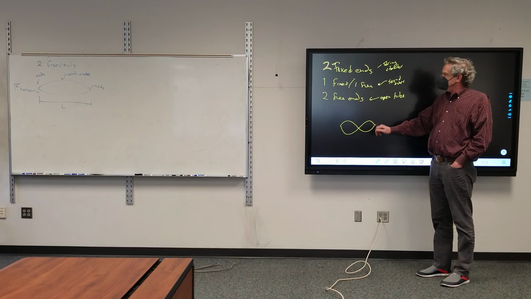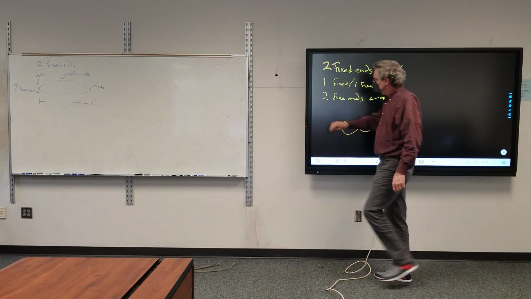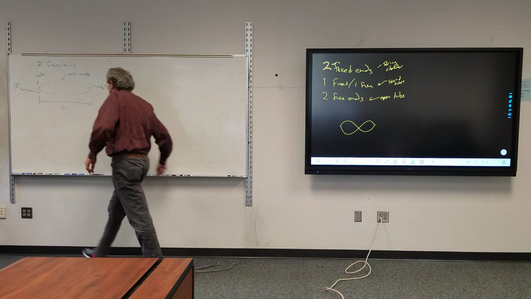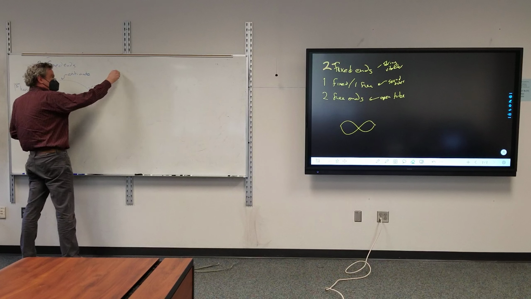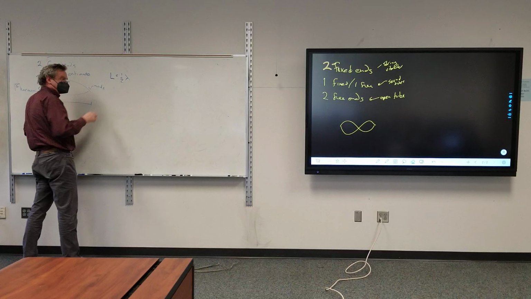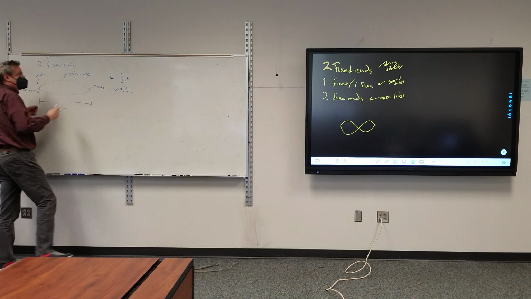So if this is a full wave, how many waves is that? So L, that length, is a half of a wave. So the symbol for a wavelength, and so the wavelength would just be 2 times whatever that length is.